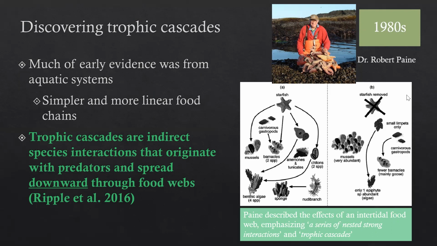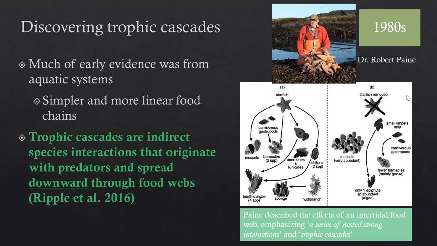And then the starfish also help to keep the number of barnacles down and the number of chitons down, right? So in these areas with starfish, there were more species, a more complex web. Webs that are more complex tend to be more stable. And that's an important fact. That's one of our discussion points.